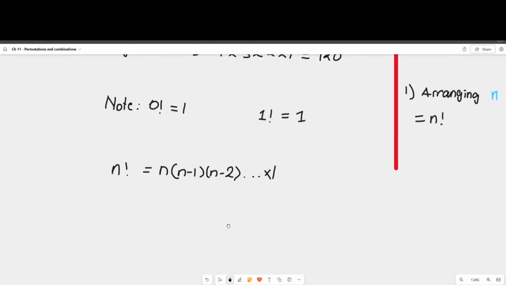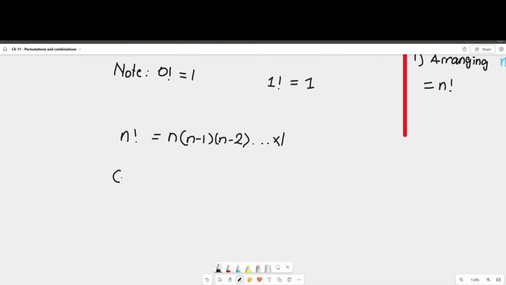So we can also say that n minus 1 factorial is equal to n factorial divided by n. If you try and rearrange this equation, we divide by n on both sides, and we get n factorial by n is equal to n minus 1 factorial, because that's going to be the same thing.